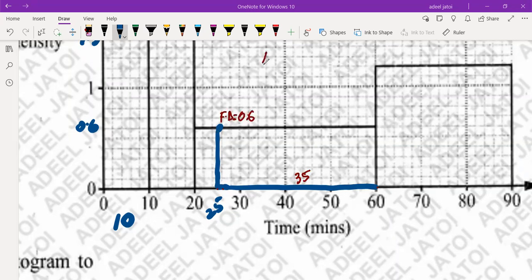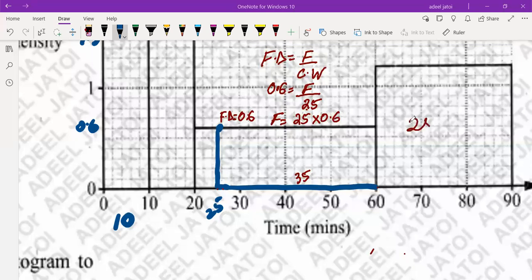Your frequency density is equal to frequency upon class width. Your frequency density is 0.6. You do not know the frequency, which represents the number of students, but you know the class width. So if we calculate the frequency, it is 25 into 0.6, which is 25 into 6 upon 10.